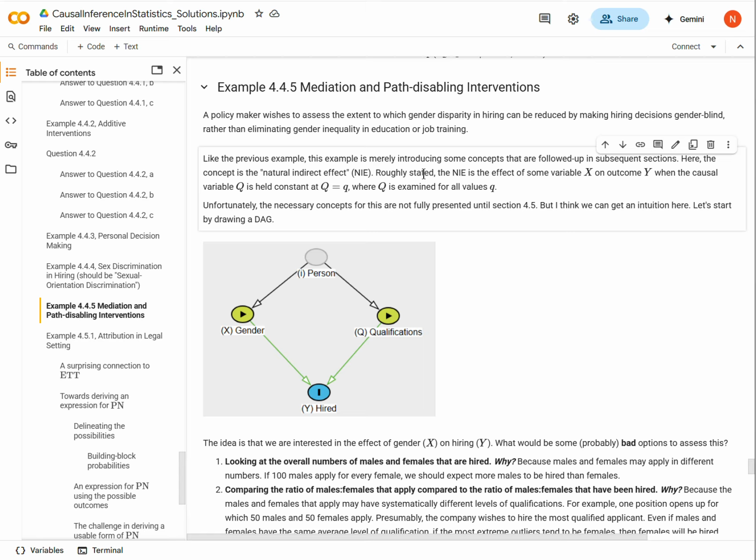So as a first approximation, let's define the NIE, the natural indirect effect, of the effect of some variable x on y when another causal variable q is held constant. So in the context of this example, I'm going to draw a DAG here.